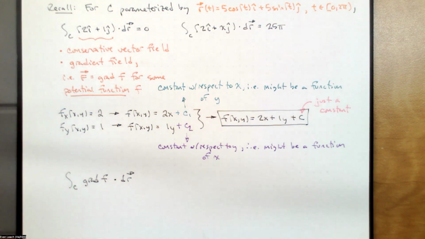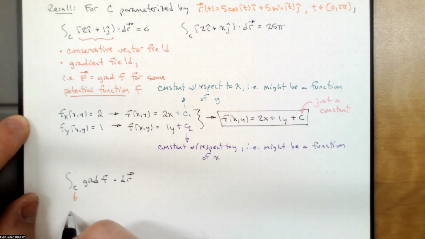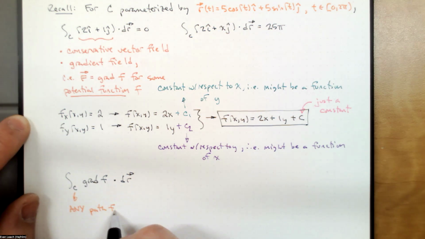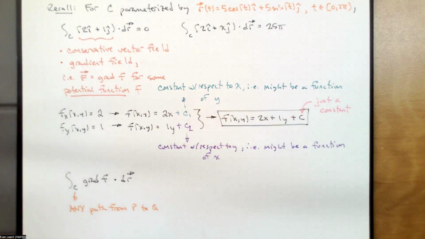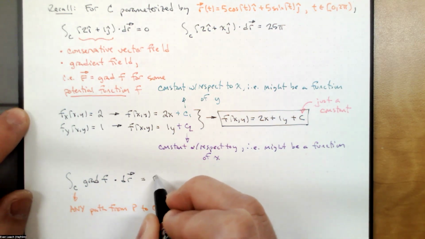If we calculate a line integral of a gradient field where c is any path from point P to point Q, then the line integral of a gradient field will just be the difference in the potential function evaluated at those two points.